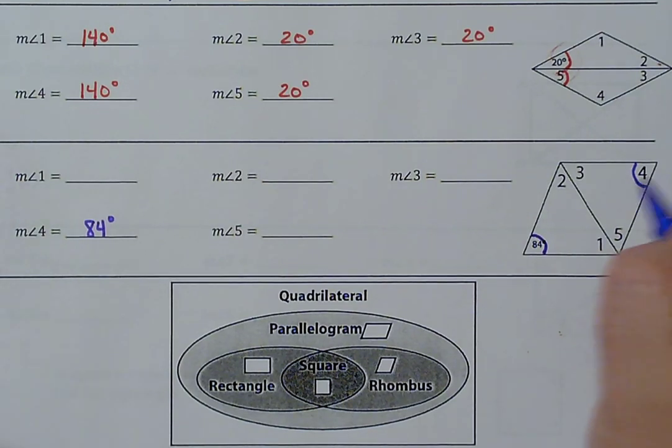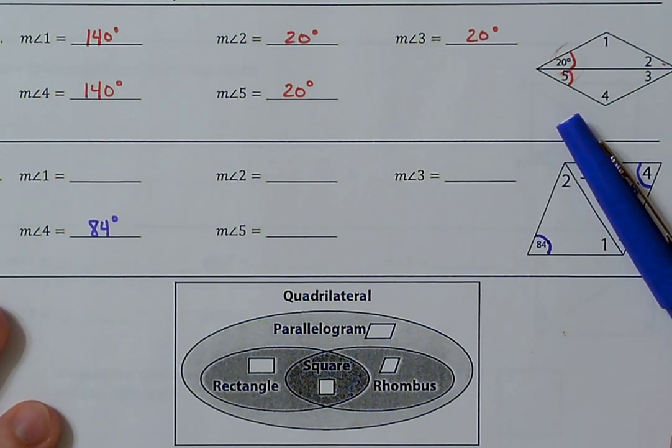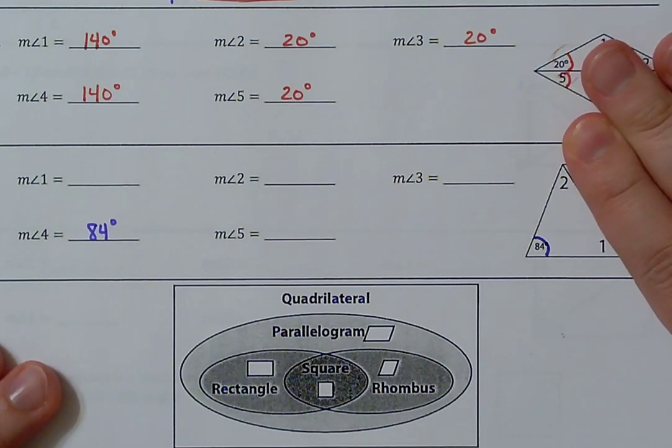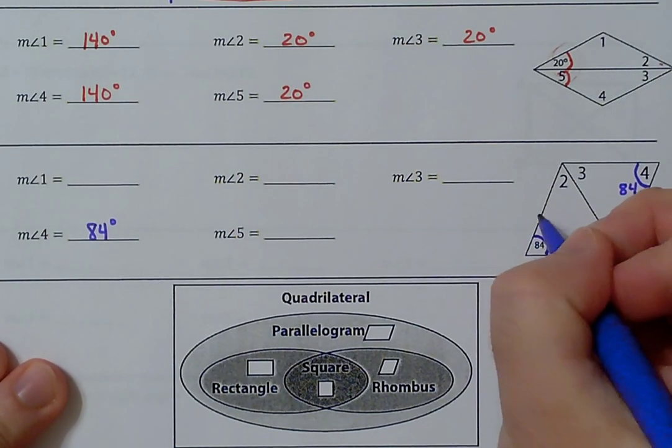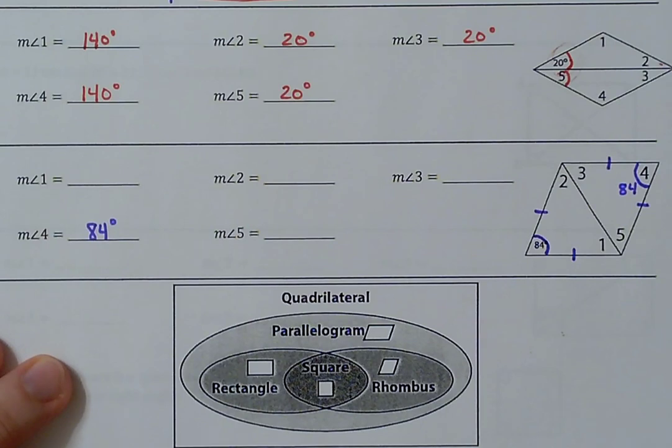So I now know that two angles are 84. The question becomes, how do we figure out the other ones? There's a few ways that we can do this. One way that I suggest is we just focus on one of the triangles. If we focus on this triangle right here, in a rhombus, we know that all four sides are congruent.